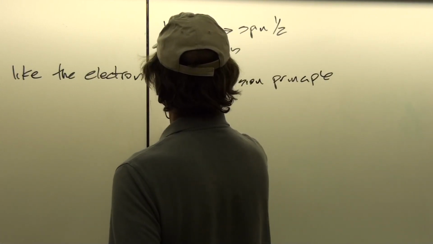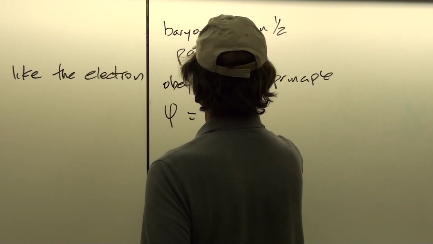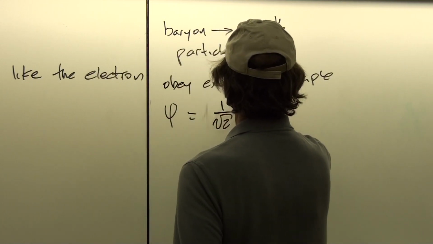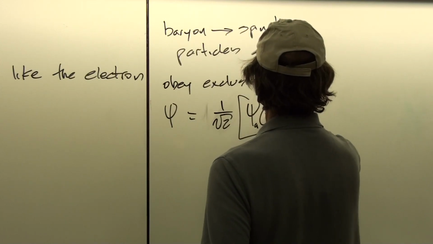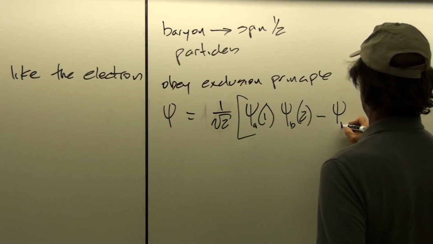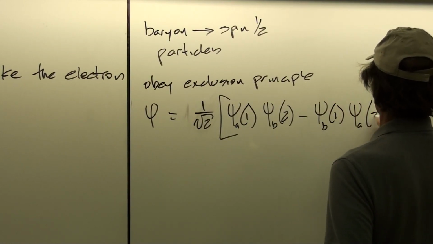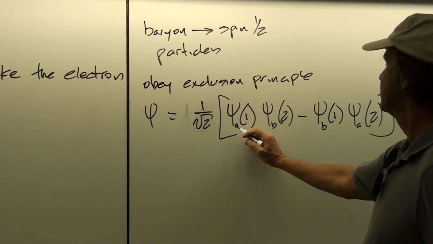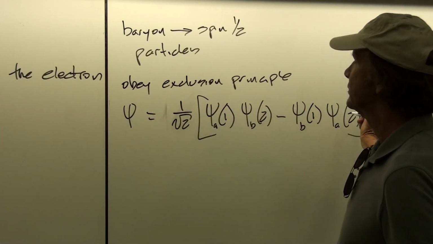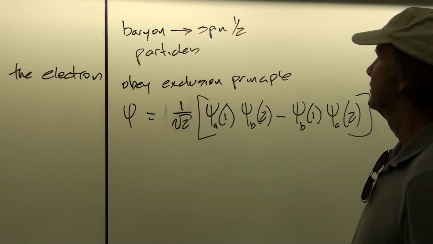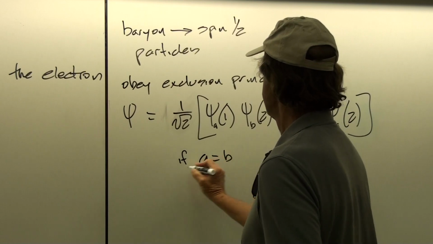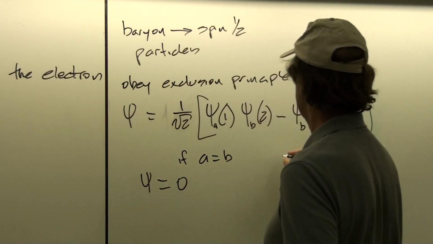In other words, the composite wave function can be thought of as 1 over root 2 of psi A of 1, psi B of 2 minus psi B of 1, psi A of 2, such that if the quantum numbers A and B are equal, then the psi wave function is equal to 0 in a two-particle system. And so this then causes the wave function to cancel out if the quantum numbers are the same. Then psi is equal to 0. And A and B are quantum numbers.